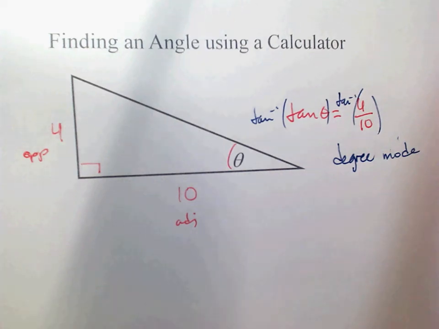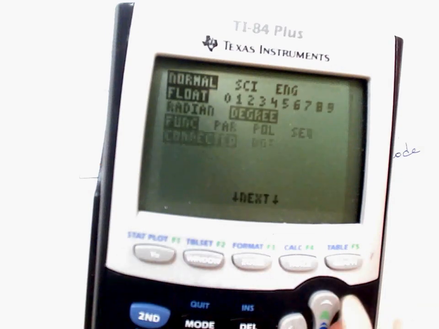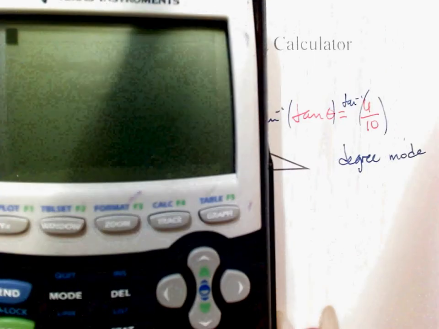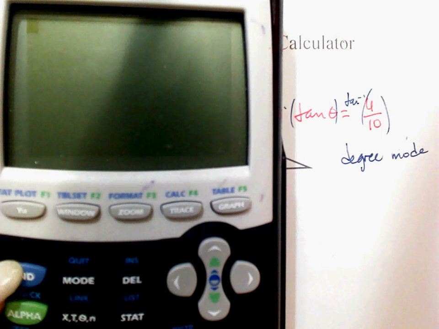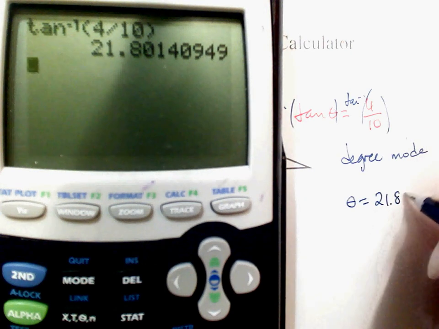I would go to mode and make sure I'm in degree mode. And then I would type in tan inverse, that's above tangent, so tan inverse of 4/10. And I could see that the angle is 21.801 degrees.